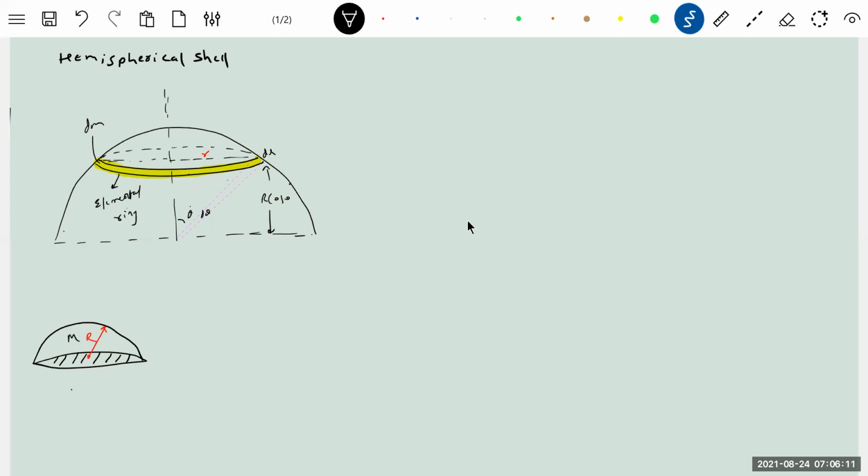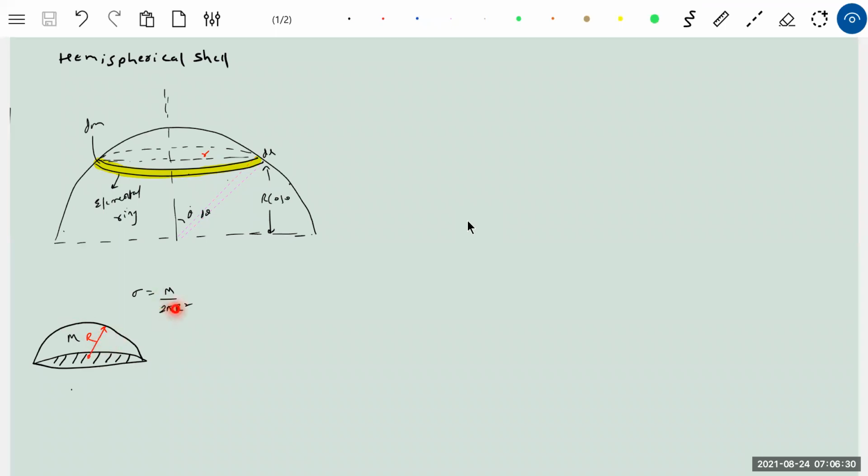Then we define sigma equal to m by 2 pi r square. We define it like this. What is this? Area density, mass by surface area of the hemispherical shell, which is half of the surface of a hollow sphere.